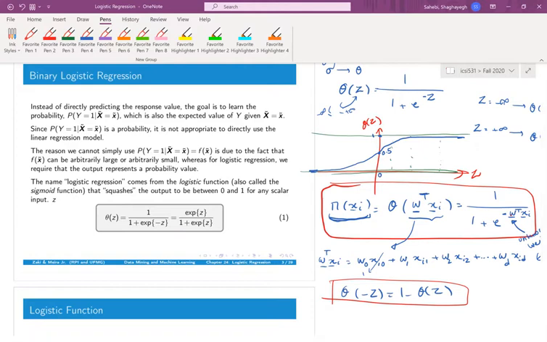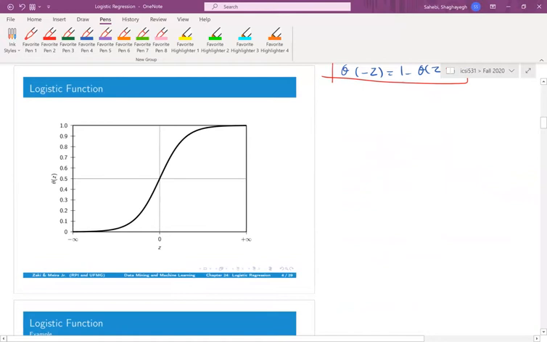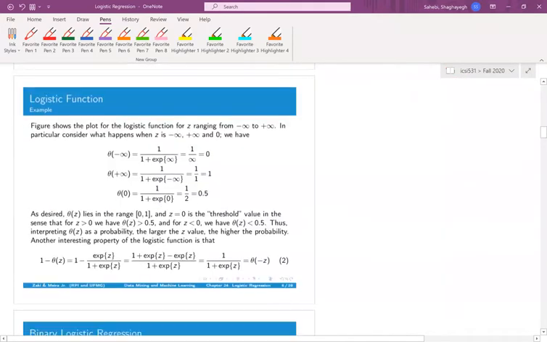So if I am given an input vector xi, applying this logistic regression formulation, I can find the probability that this data point xi belongs to class label 1 or the class label 0. Again, this is the form of a logistic function, and these are the properties of the logistic function that we went over.